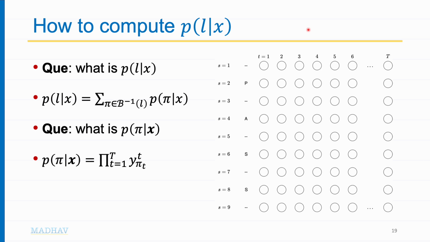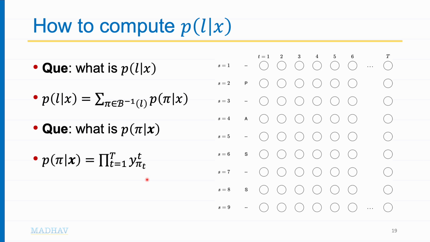For example, let's say I go from 1 to 3, a diagonal path we can take just for example. Then at t equal to 2, my pi of 2 is equal to p. So this output will be y t p. It means the output of my neural network at t equal to 2, which corresponds to the p neuron. Every neuron is a character, right? So the neuron which corresponds to character p, what is its output? That is y 2 p.